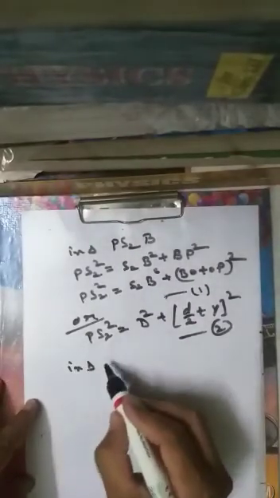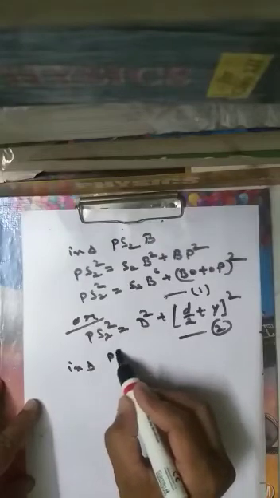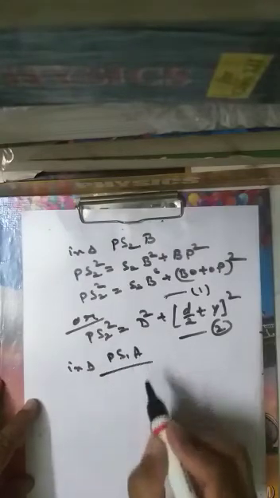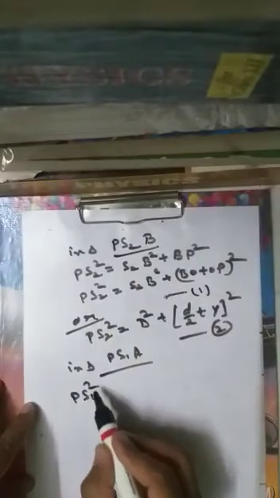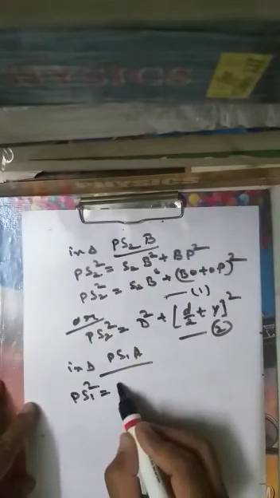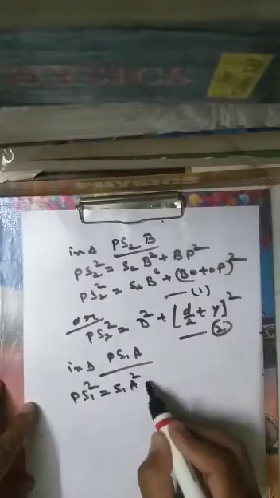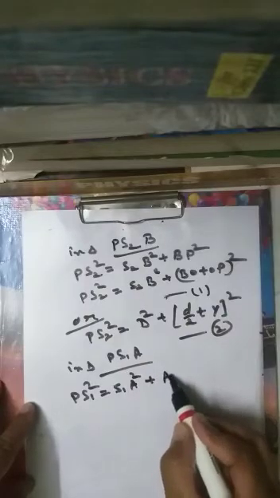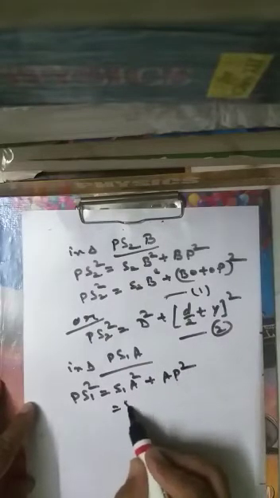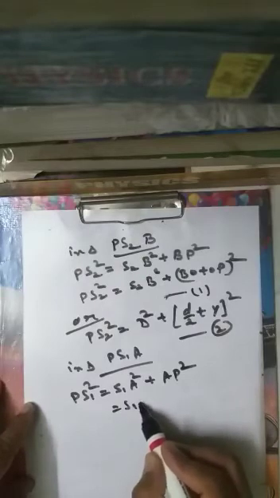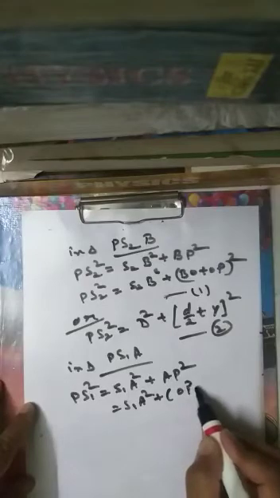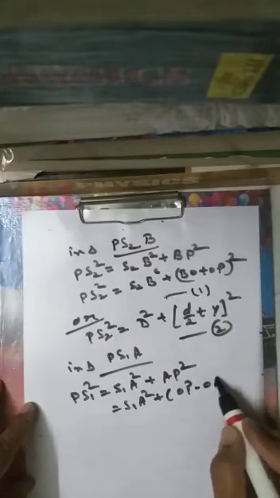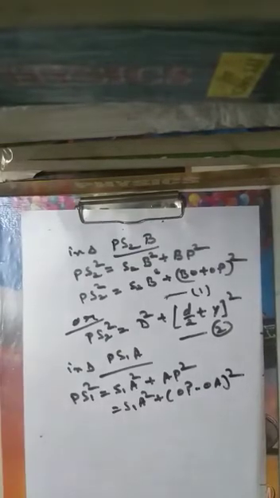In triangle PS1A, PS1 square is equal to S1A square plus AP square, but AP is written as OP minus OA, whole square.